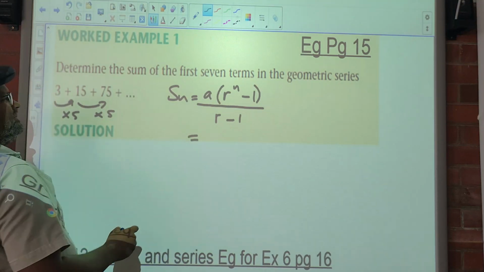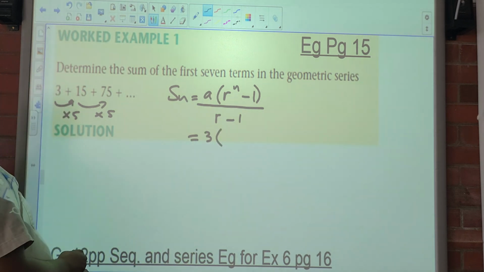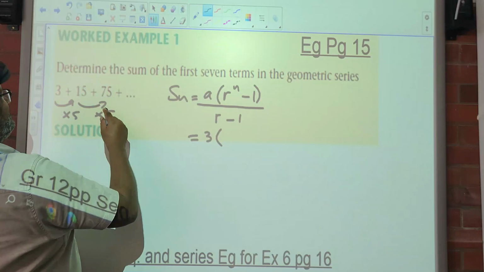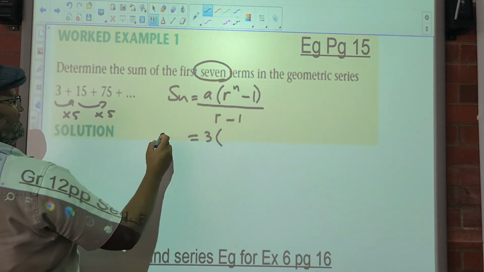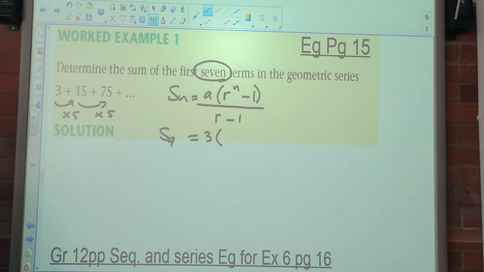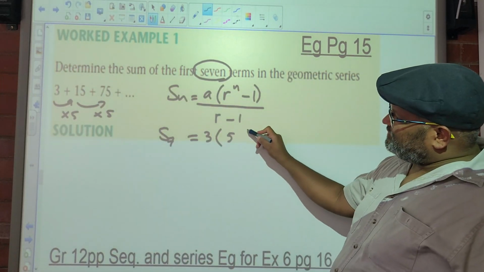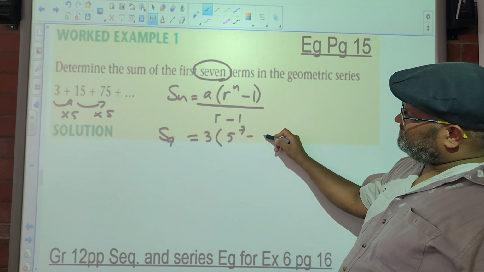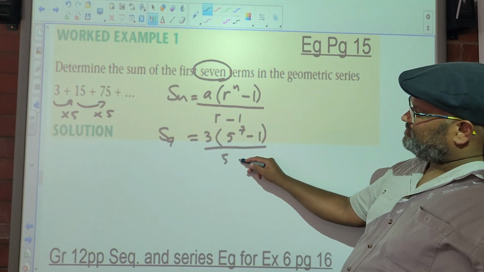So let's go, what would it be? 3 into... how many terms are we calculating? The sum of the first 7 terms. So it's going to be S7. So it's 3 into 5 to the exponent 7 minus 1 over 5 minus 1.